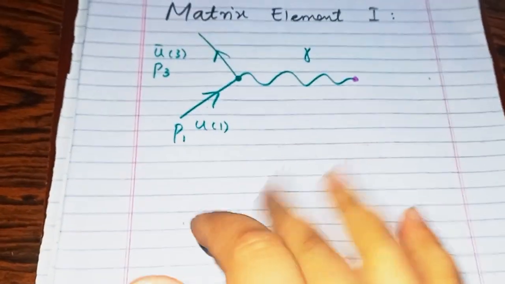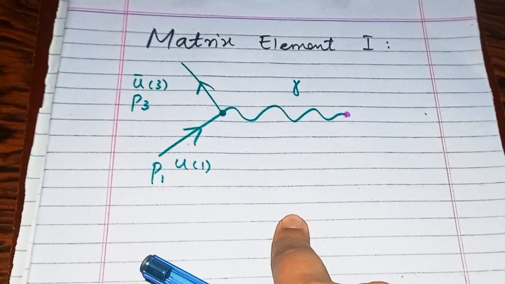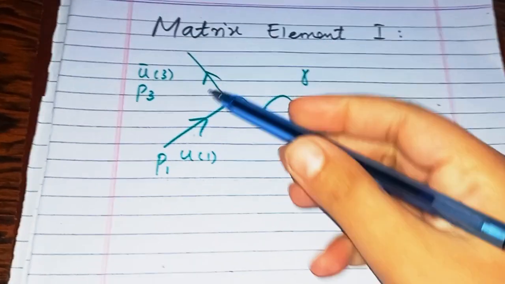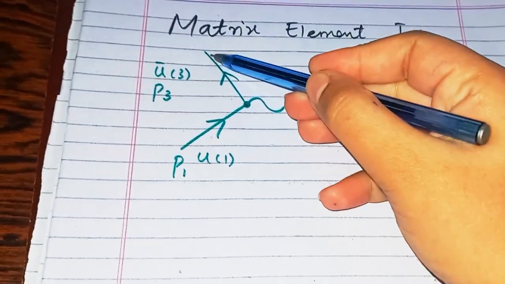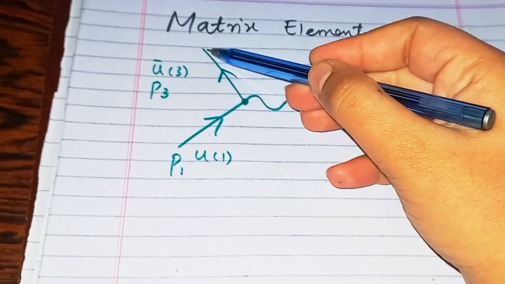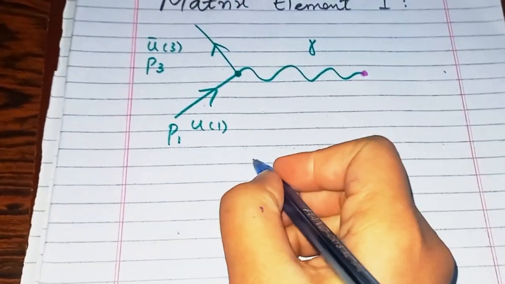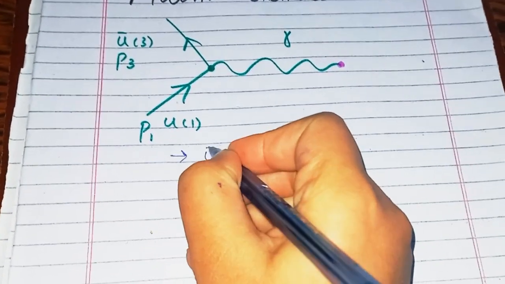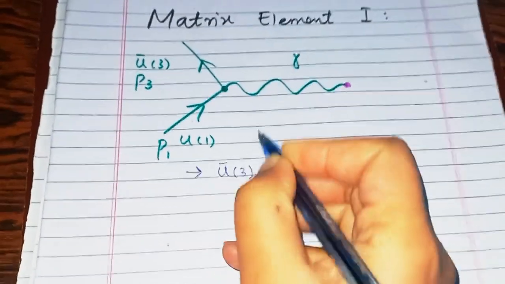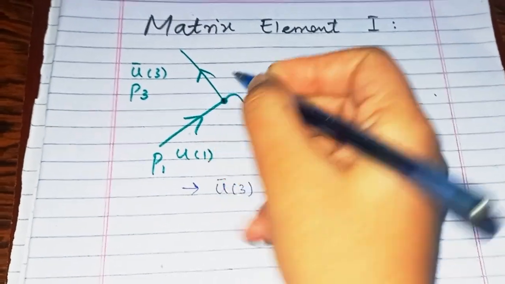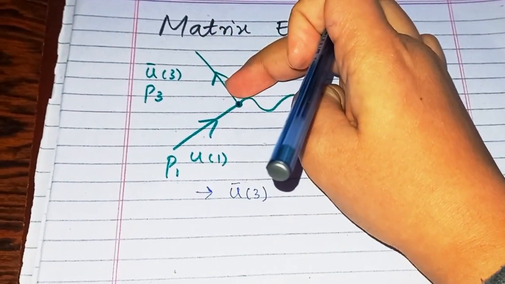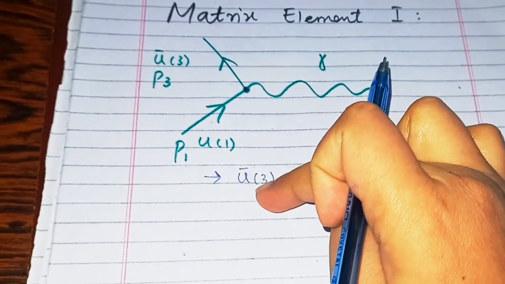So let's write it down. As I told you earlier, we have to move backward along the fermion line. The fermion line is moving in this direction, from this to this, so we'll write it from the opposite direction, from this to this. So u bar of 3 first. Then the external line, which is u bar of 3, its wave function.